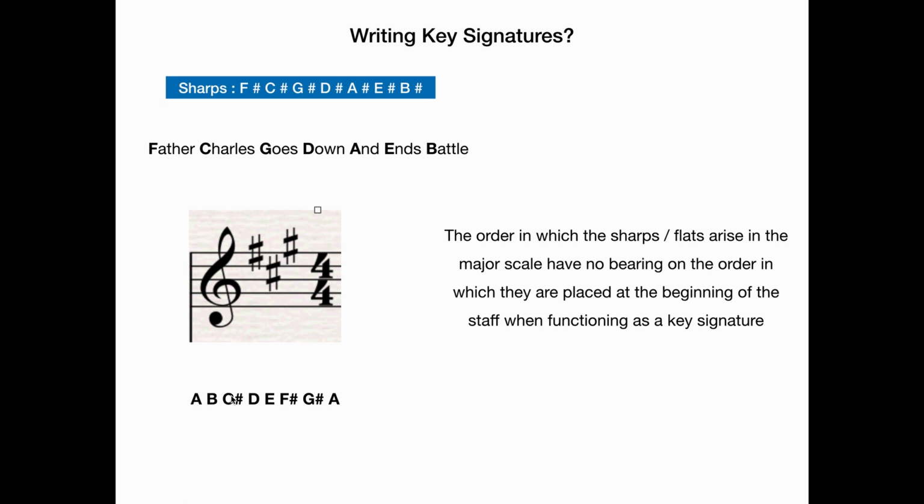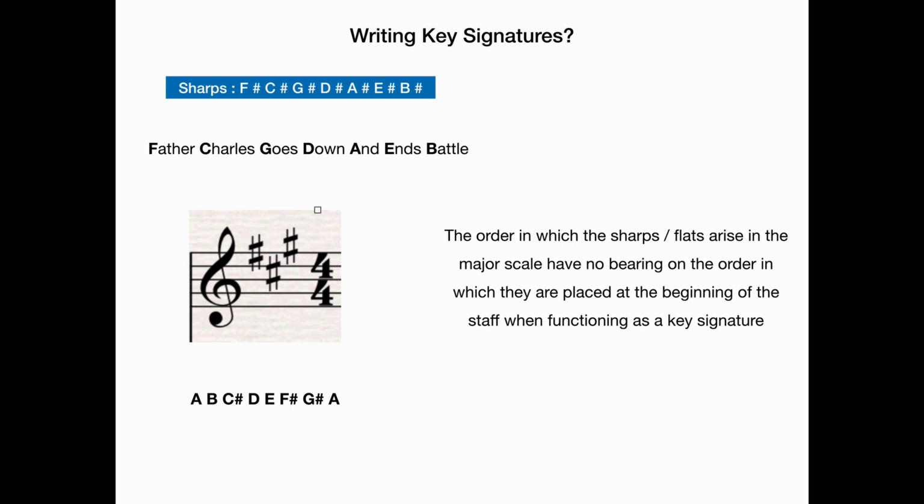So what I mean by that is that in the scale of A major, C sharp comes first, followed by F sharp, followed by G sharp, but when you're writing the key of A major, you always follow the order of sharps according to this rhyme, which means that the F sharp is put first, followed by the C sharp, then followed by the G sharp.